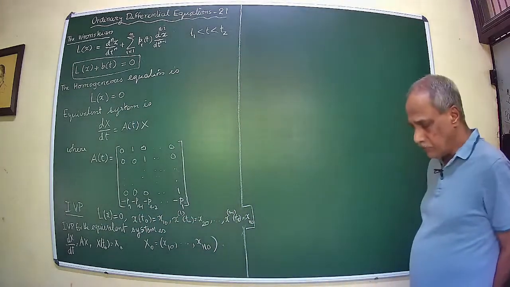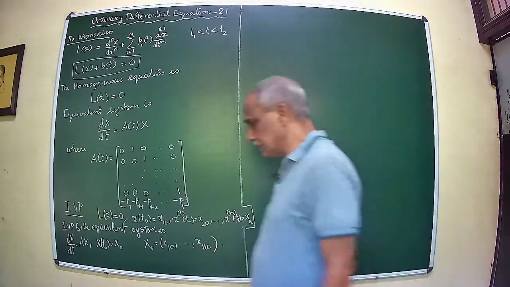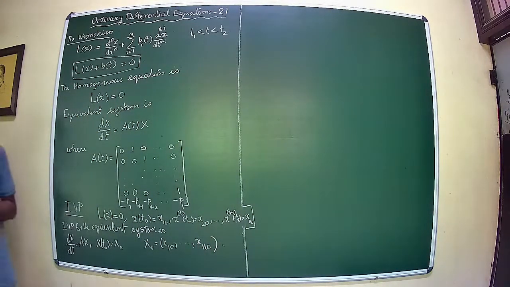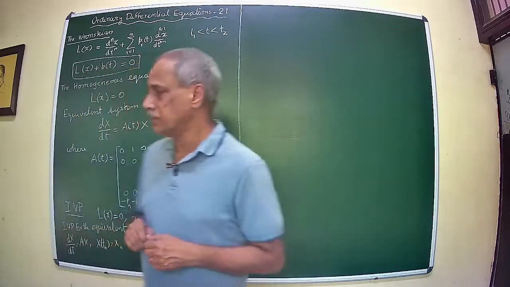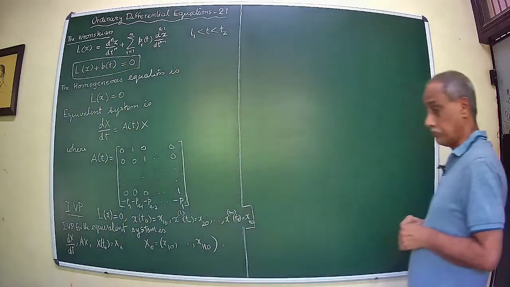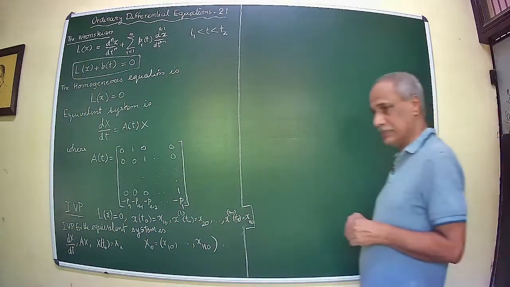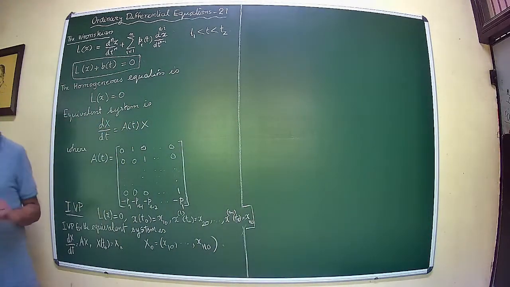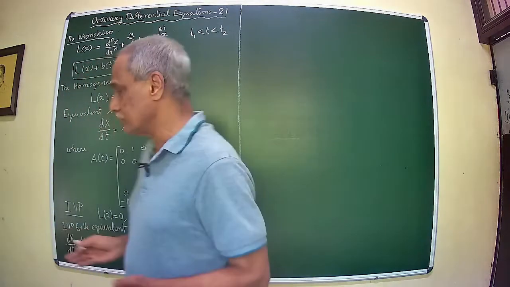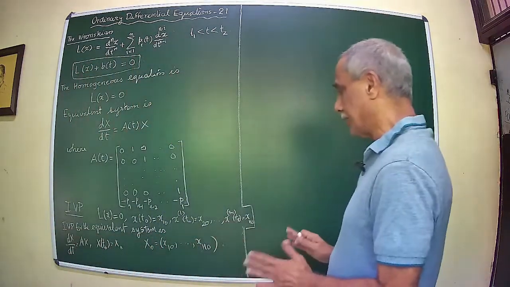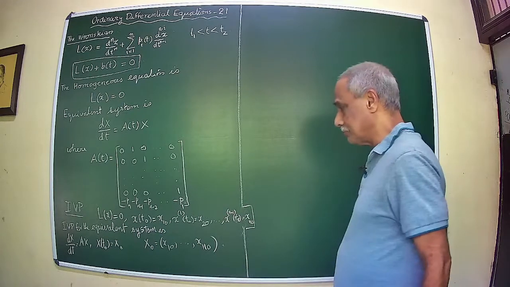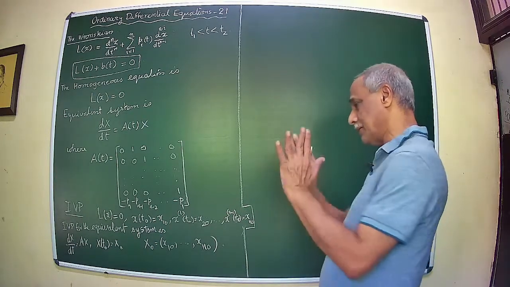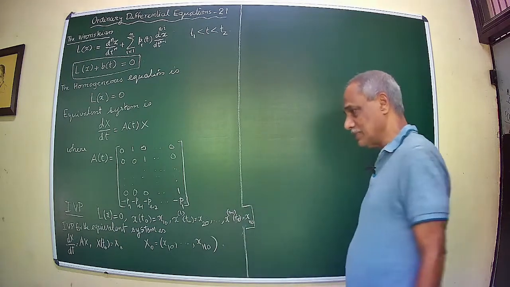Now, what we have already seen is that the solution space of the homogeneous equation, namely Lx equal to 0, is a vector space and its dimension is n. This is quite easy to prove. What you prove is the following. You look at the corresponding system. Whatever is happening on the system is happening on this particular homogeneous equation also.